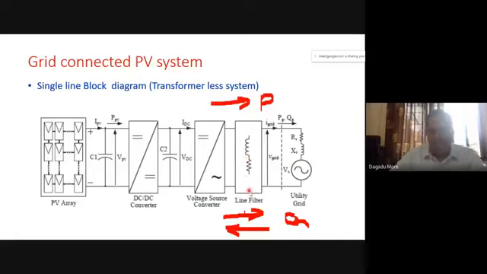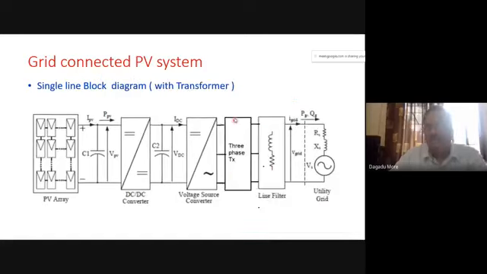In some applications we definitely require isolation between this PV system and the grid. If you put in the isolation, we are involving the cost of the transformer and losses in the transformer. So now people are trying to have a transformer-less system. We can put a transformer if it is required, but nowadays we are not preferring it.